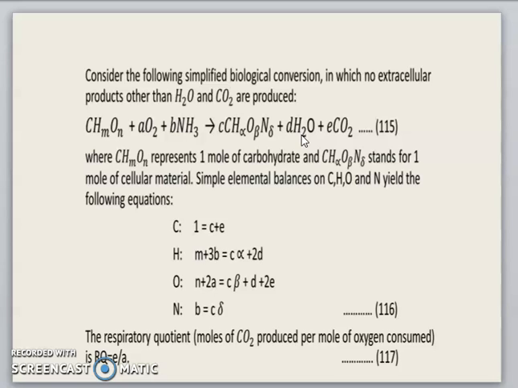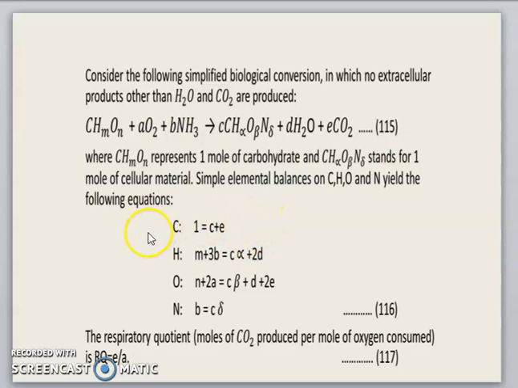So CHmOn represents 1 mole of carbohydrate. Most of the general substrate being used is carbon based, mainly in the category of carbohydrate. So simple elemental balances on C, H, O and N will yield the following equations.